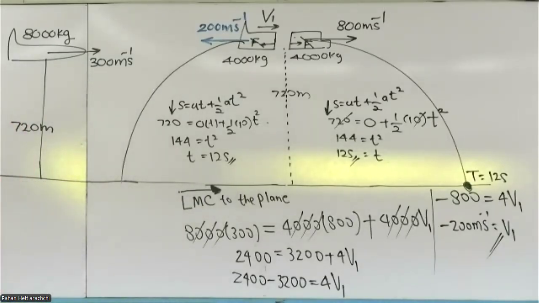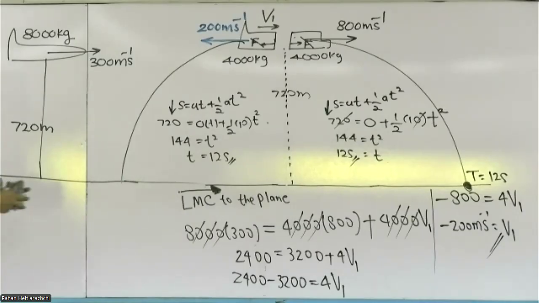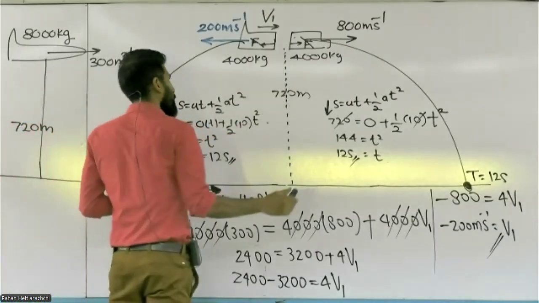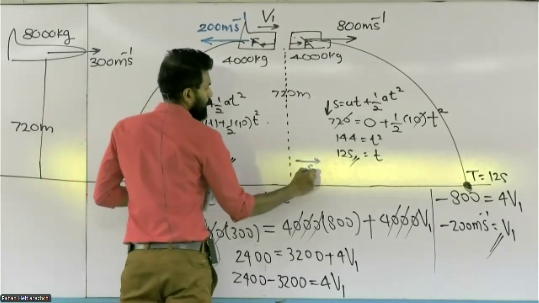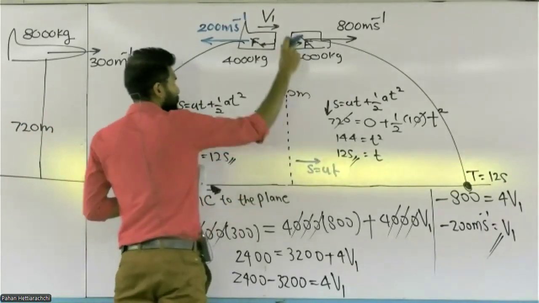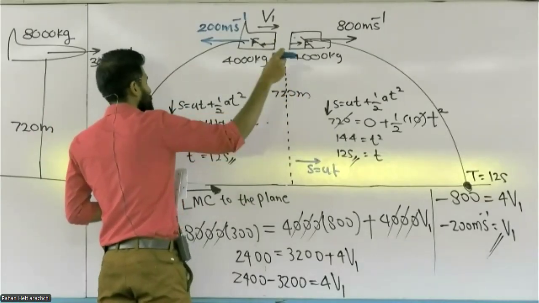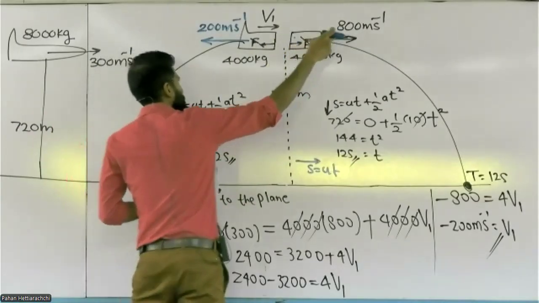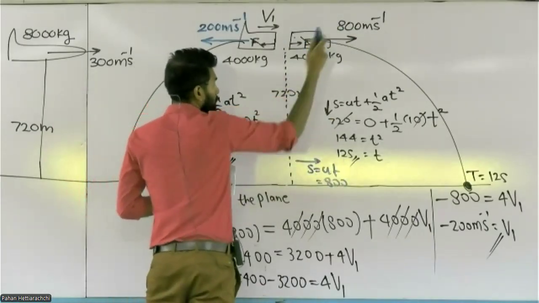Okay, it will take 12 seconds to reach the ground. The third one, the horizontal distance traveled. Within this 12 seconds, both of them will have their own horizontal ranges. I'll apply S equals ut to this one. After the explosion, to conserve the momentum, this got a velocity of 800 horizontally.